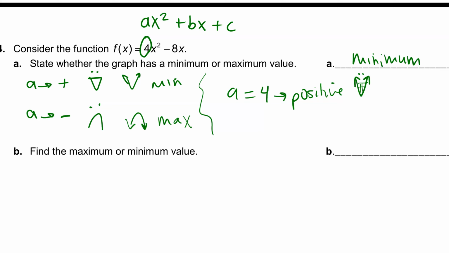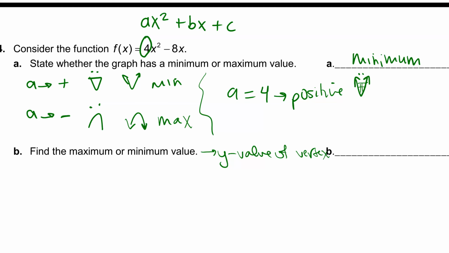Cool. Find the minimum or maximum value. Okay, so who knows how to do this one? How would we actually find what the min or max was? Yes, it is the y value of the vertex, because the vertex is the point at which you're at the minimum. So if we find the x value of the vertex, we plug it in, we'll find the y value, which is the actual minimum.